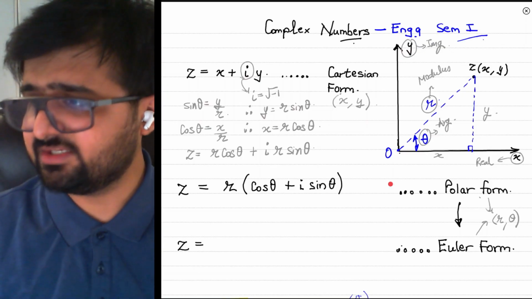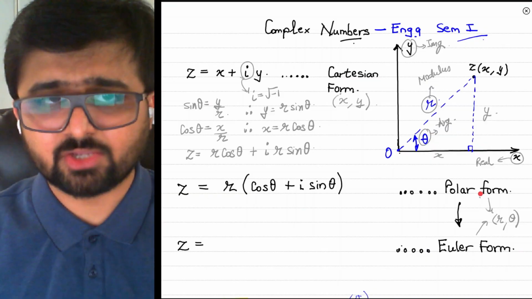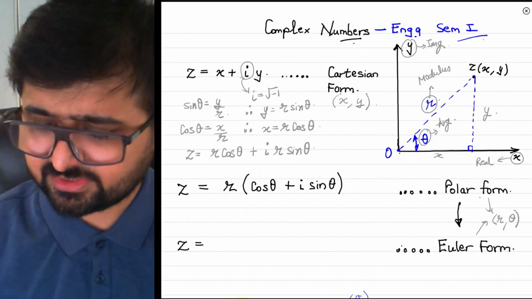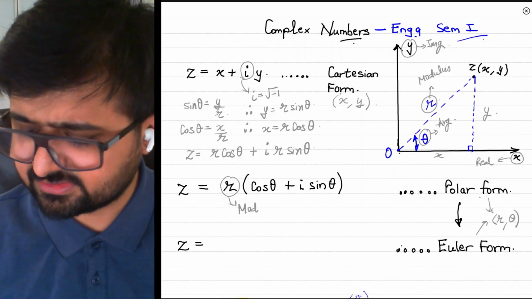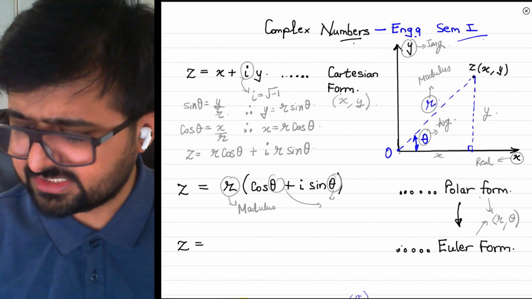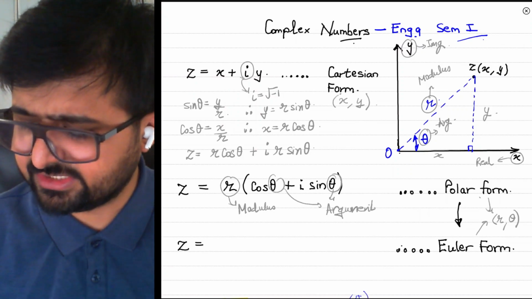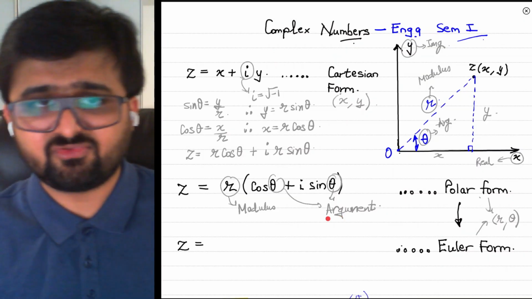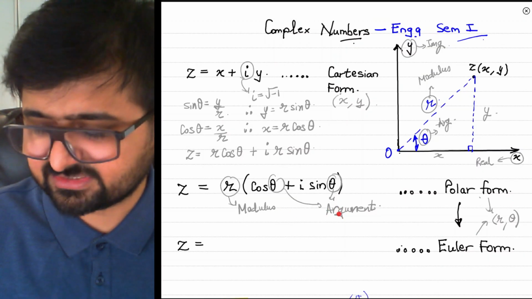Now this is nothing but the polar form of the complex number. I hope that makes sense. Remember that r is called the modulus, and theta is called the argument. We'll look into those in detail in a second. But for now, remember that r is called the modulus and theta is called the argument of complex numbers.